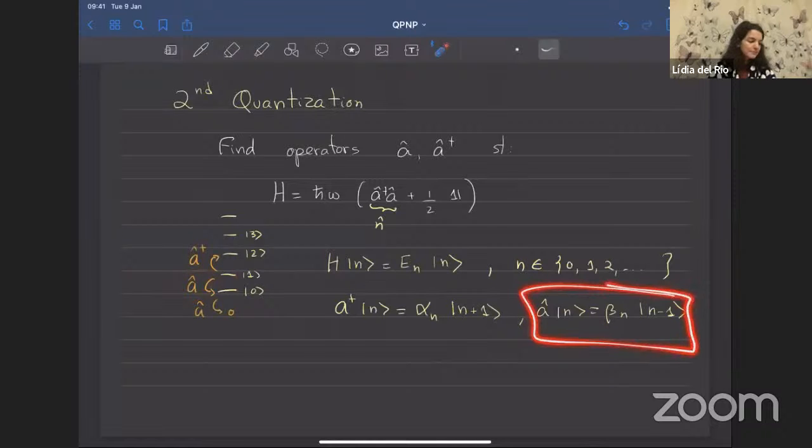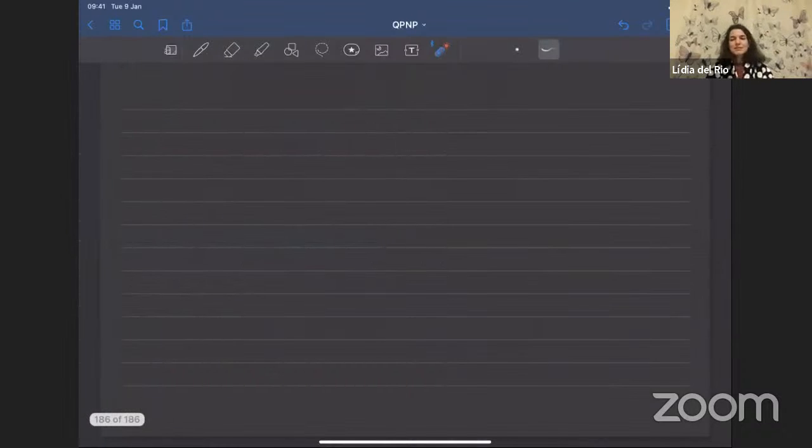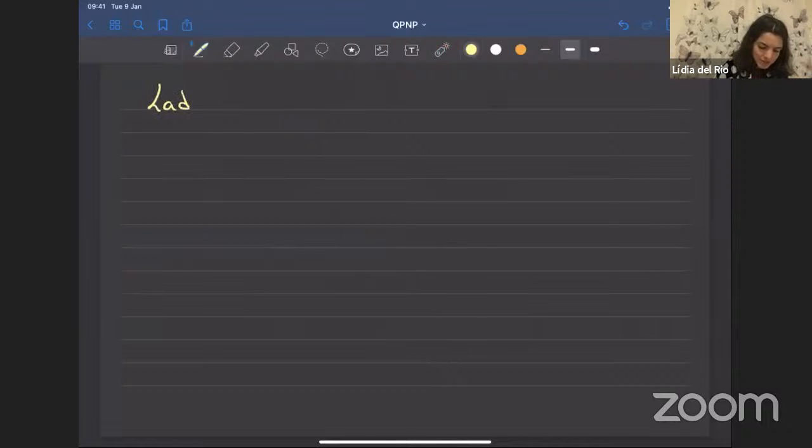So we'll just see what happens in this case, and then we'll relate it to our problem with the harmonic oscillator. So this is a bit more general. It's called ladder systems.